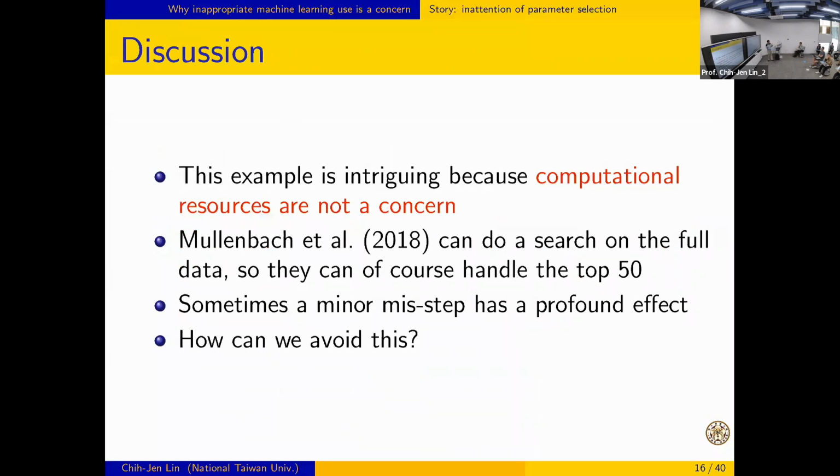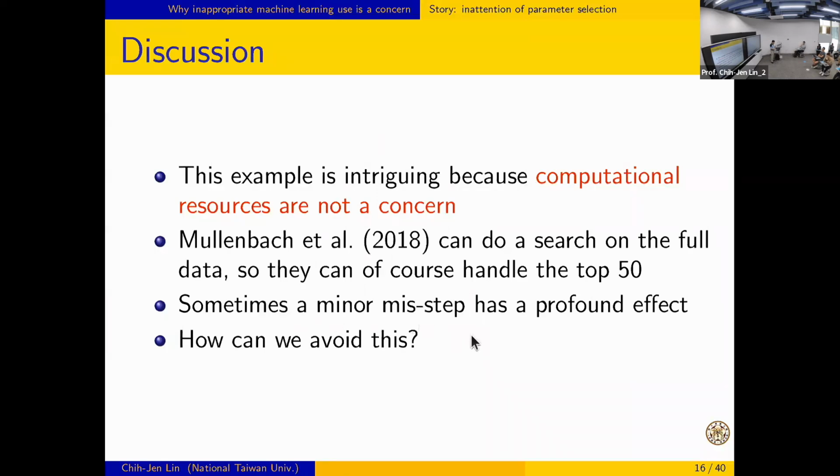You need to try so many parameters. But for this case, resources are not a concern. They can do a hyperparameter search on a bigger set, on the full data. Therefore, they can, of course, handle the smaller subset. The only problem is they forgot to do that, a very minor misstep.